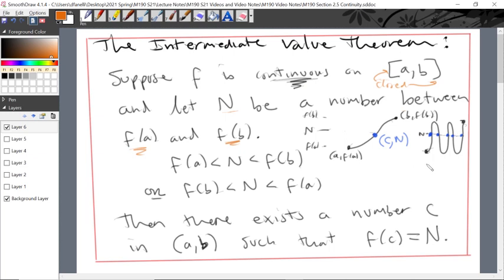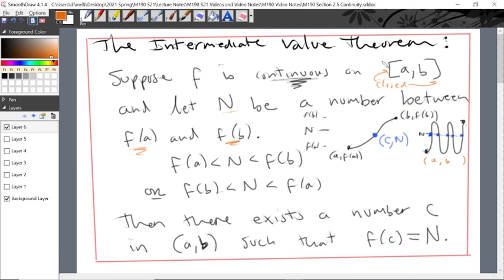If this is a and this is b, then we are in the open interval when we're strictly between them. It's possible we could have multiple values of c. So this could be c1, c2, c3, c4, c5. You could have more than one value of c that would output it.